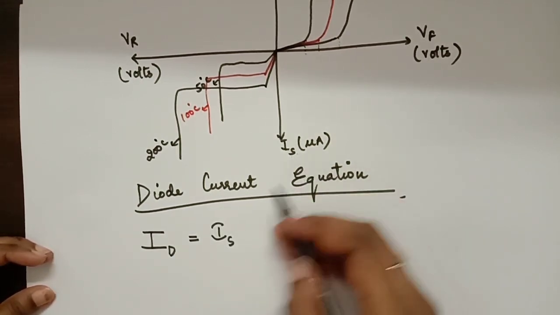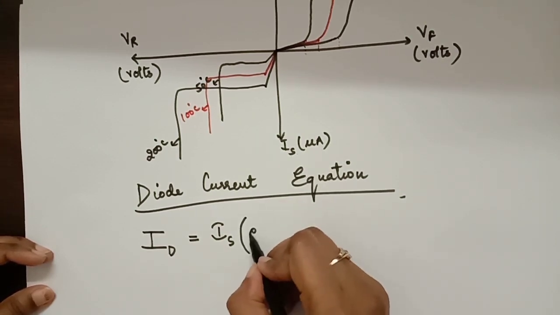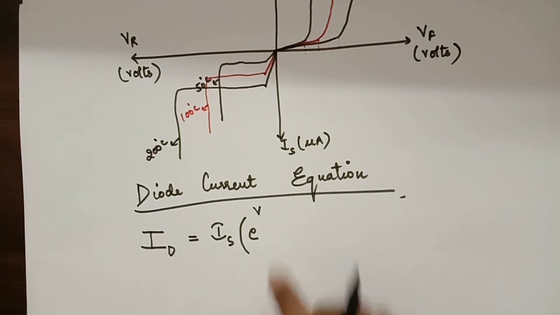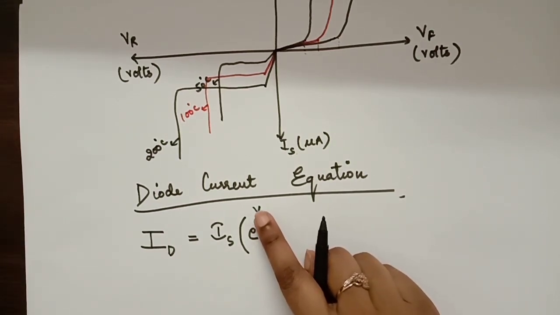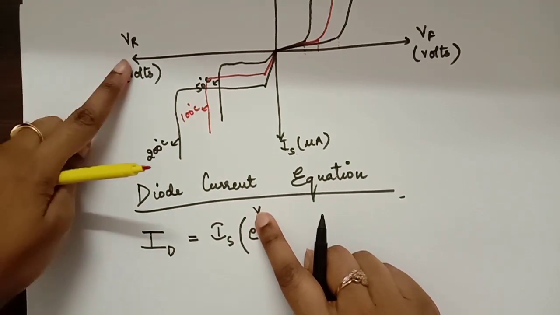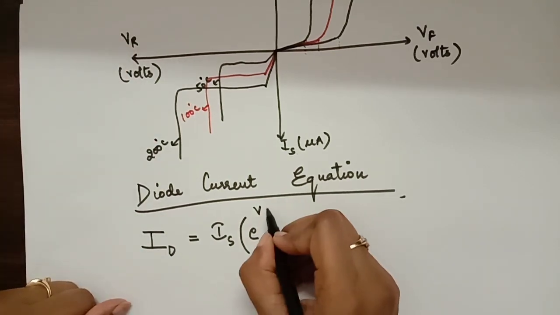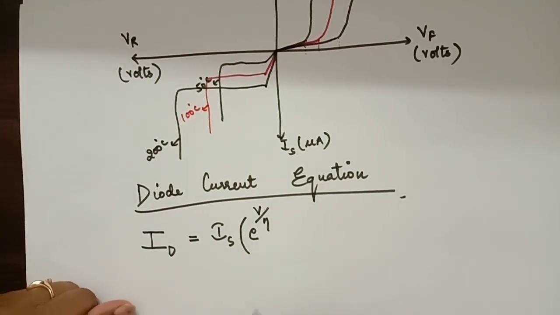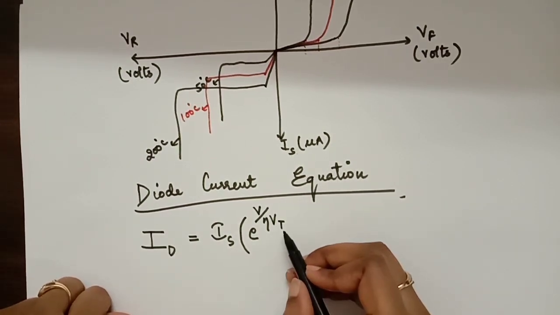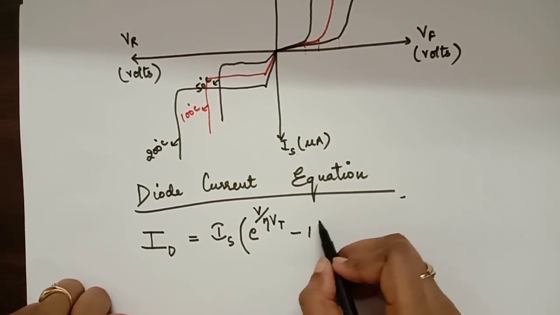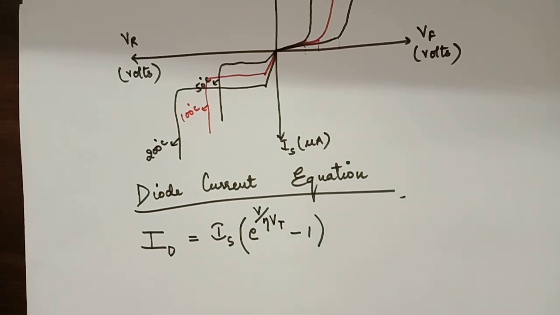Reverse saturation current, times the bracket e raised to the power V, the applied voltage. If you apply forward voltage, then this voltage will be positive. If you apply reverse voltage, then this voltage will be negative, because reverse voltage is negative. V upon eta VT, where VT is the temperature equivalent of voltage, or you can say thermal voltage, minus 1. So this is the diode current equation.